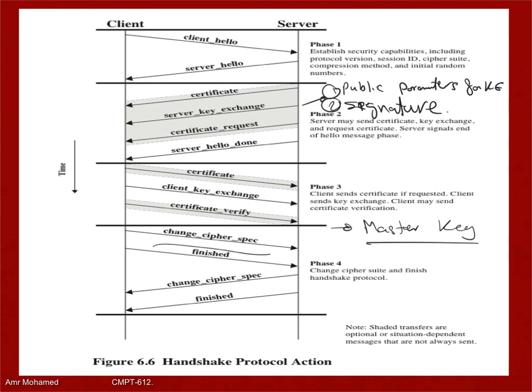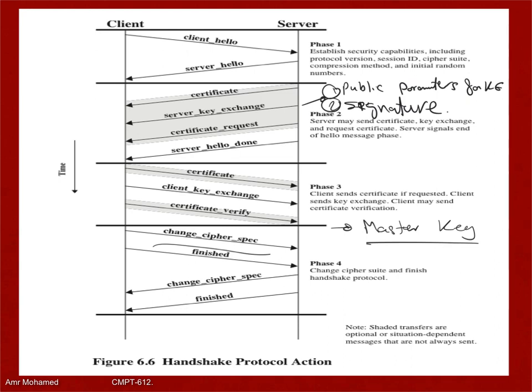This signature, we report in the certificate, we reported already the public key. The server sends the public key to the client, and the client uses that certificate to authenticate the server. So now the client would have the public key for the server, which is maintained as part of the peer certificate in the session state.